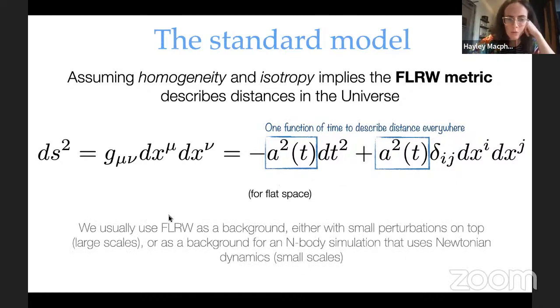And as I mentioned before, the way that we use the FLRW model is typically as a background or a zeroth order description, either with small perturbations added on top to describe large scales, where we neglect the small scale dynamics going on and just consider long mode small perturbations, or we consider it as a background for our cosmological simulations, which typically use Newtonian dynamics to describe the nonlinear interaction and formation of cosmological structure.